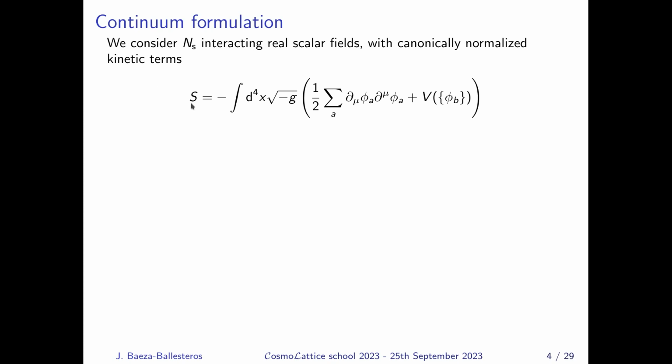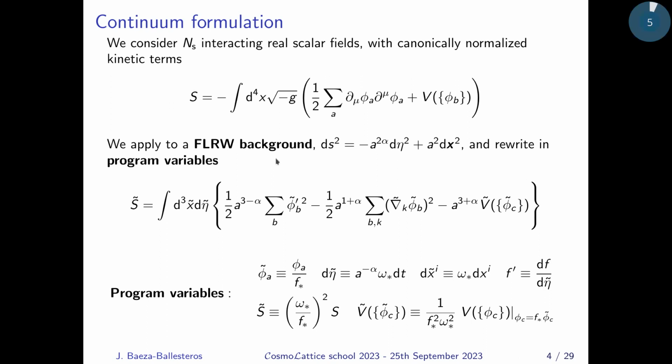So what we do in order to put this theory in the lattice, first of all, is to rewrite it, to particularize the theory to an expanding background using the metric that was introduced yesterday. So it's the Friedmann-Lemaître-Robertson-Walker metric, in which we consider a general alpha time. And then we also rewrite the theory using program variables. This was also introduced yesterday, and we also had a brief reminder in the previous session.